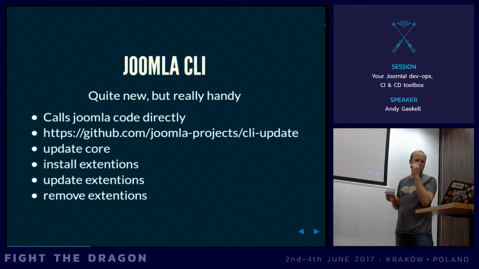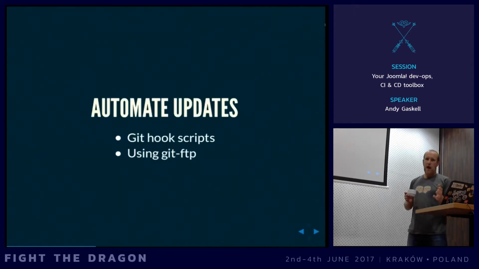But another option that can really help with your continuous distribution is running hook scripts in Git. I don't know how many people use hook scripts. Git hooks, okay, that's cool.